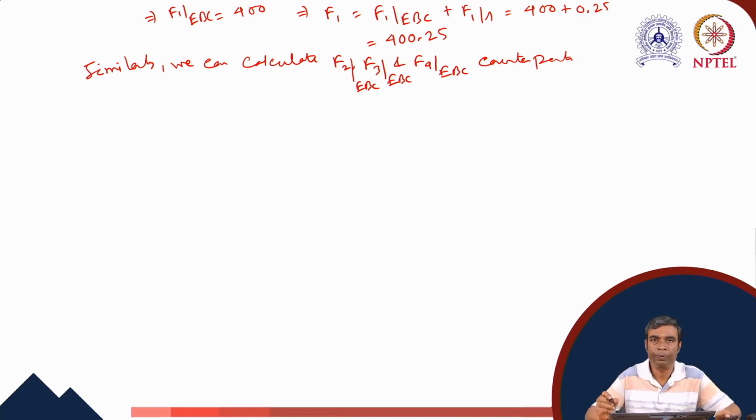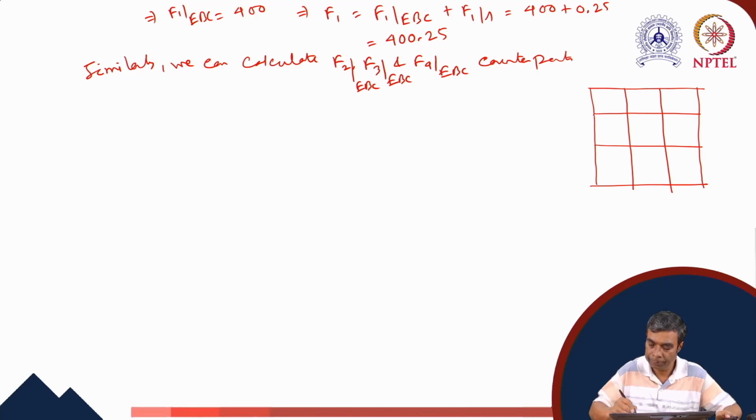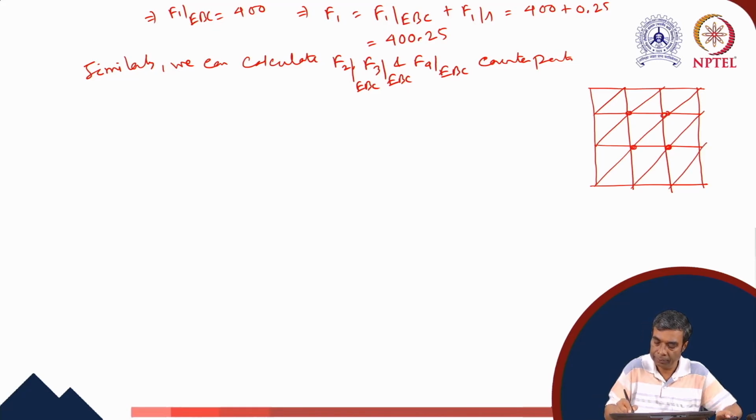So let us show the case of F2. For this purpose, we need to make the mesh once more. So here we have the mesh. These are the elements. This is global equation number 1, 2, 3 and 4.